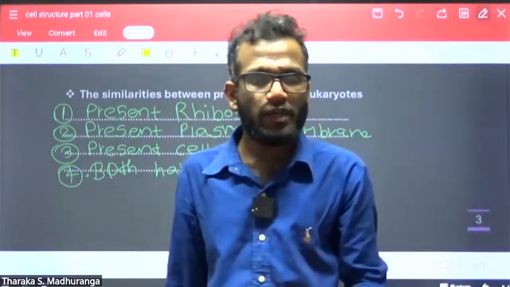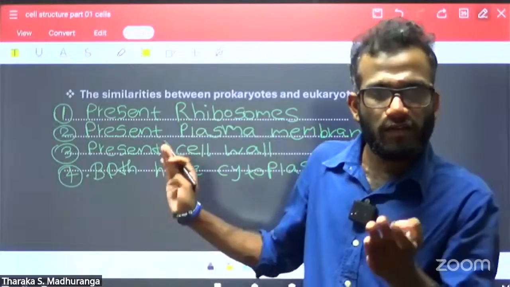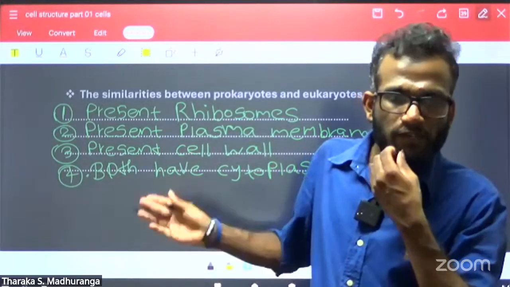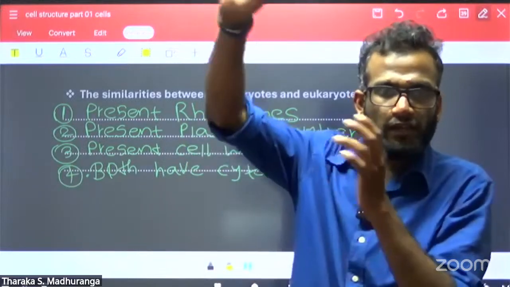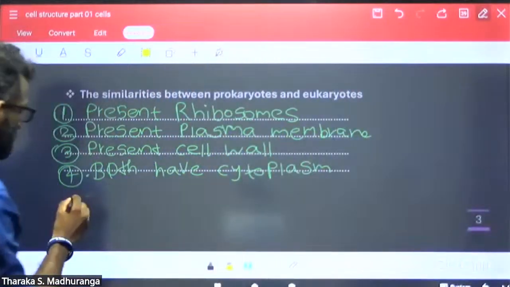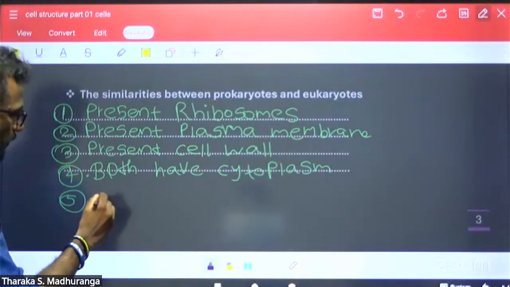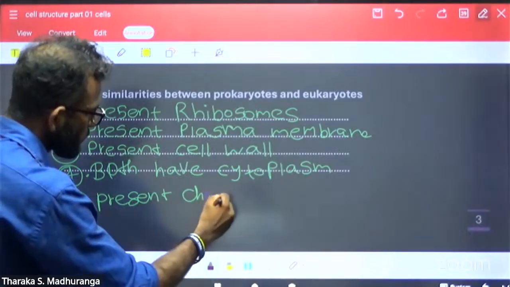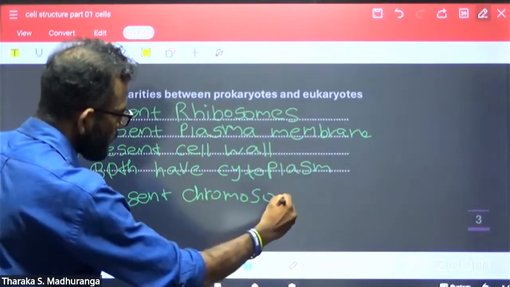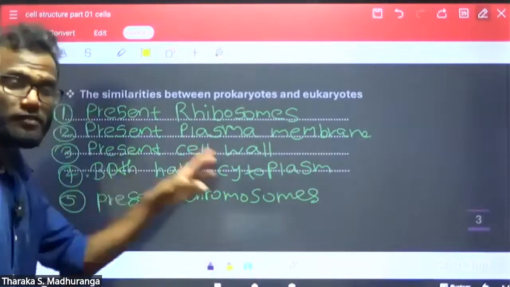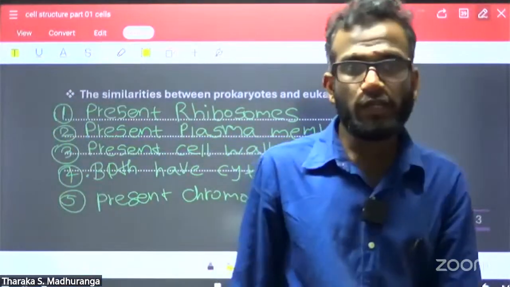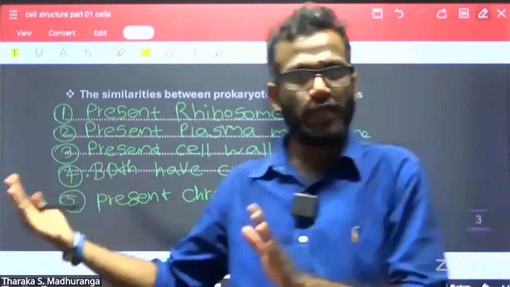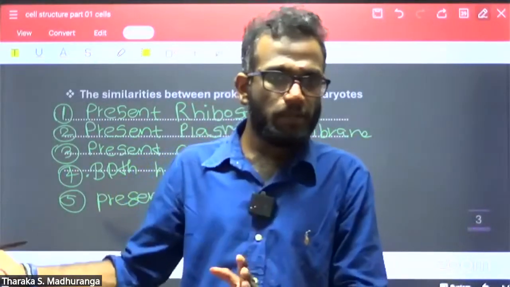Okay, that's how you have to write similarities. If you explain differences, this fifth one you can write as present chromosomes. එහෙම ලියන්න පුළුවන්. හරිද? Present chromosome. But if the exam asks differences between prokaryotic and eukaryotic, you can explain prokaryotic has a single chromosome, eukaryotic has multiple chromosomes.